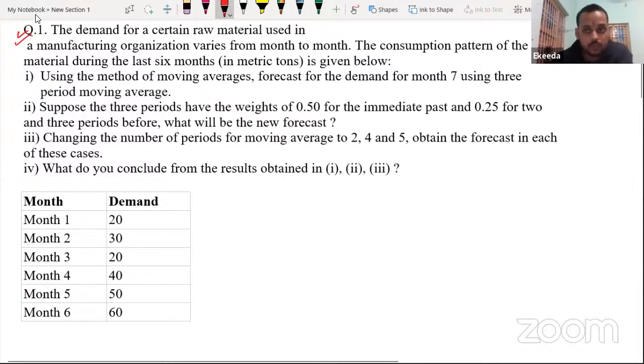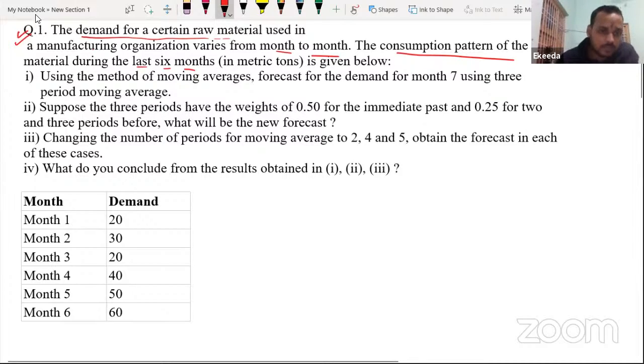First we will read the question. It says that the demand for a certain raw material used in a manufacturing organization varies from month to month, and the consumption pattern of the material during the last 6 months in metric tons is given below.